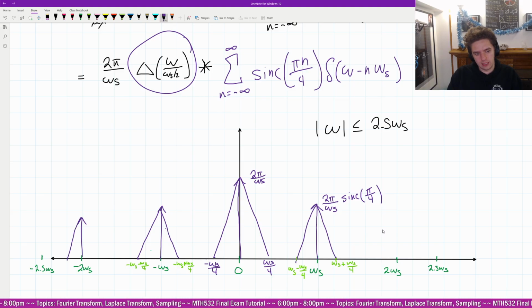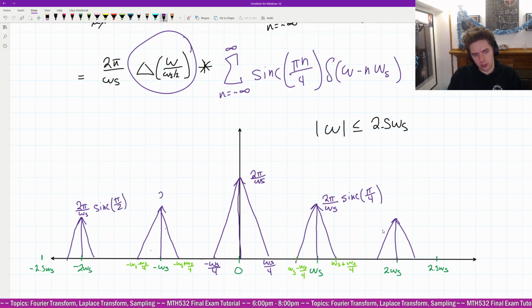Where the height, once again, for both of these, is like this. So it's 2 pi over omega s sinc pi over 2. Sorry, this is also the same thing: 2 pi over omega s sinc pi over 4 for this one. And this is 2 pi over omega s sinc pi over 2.